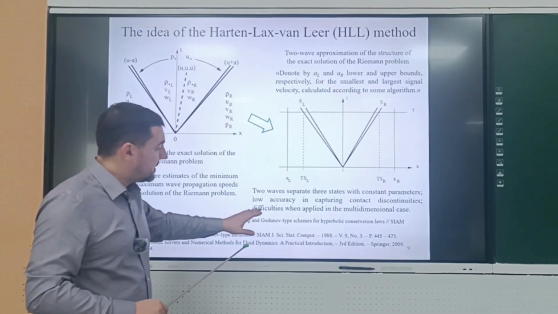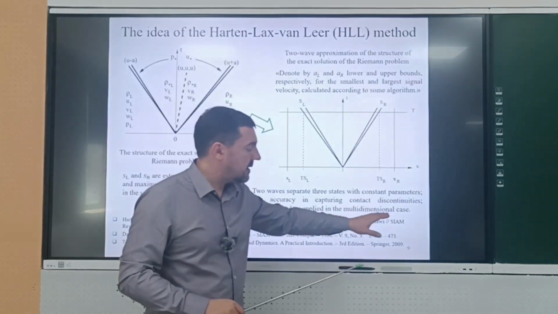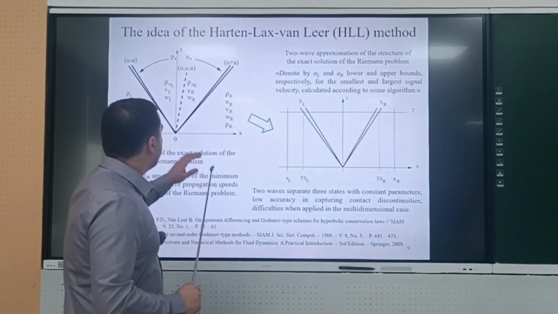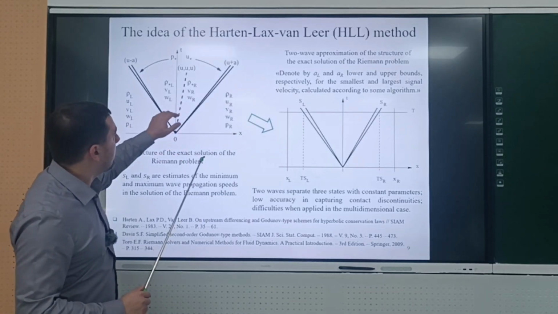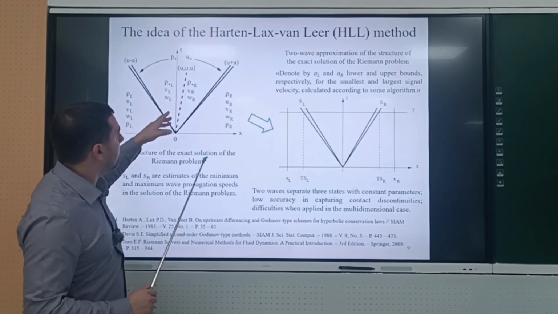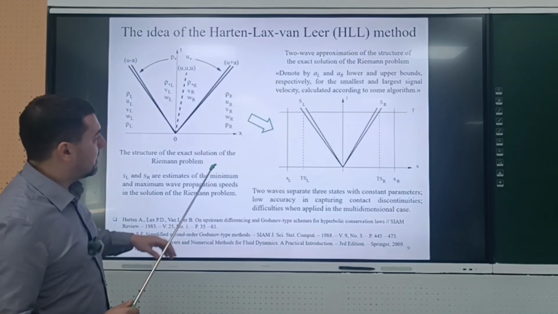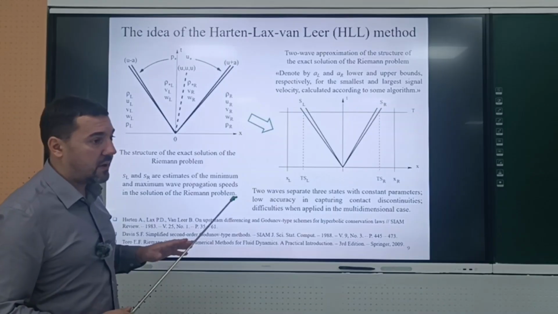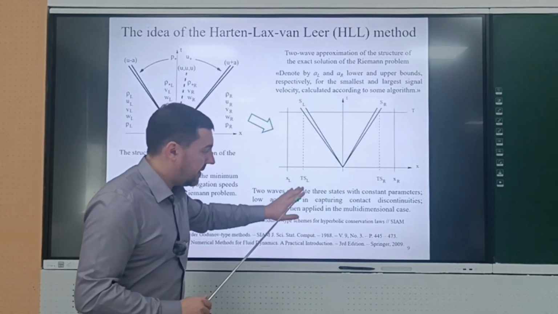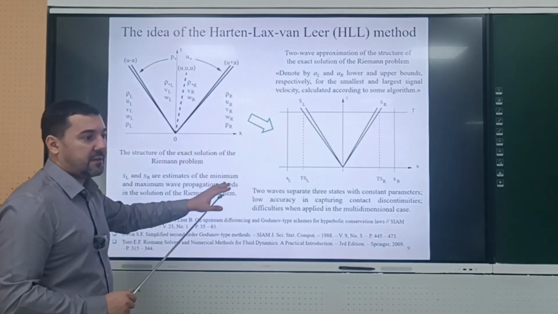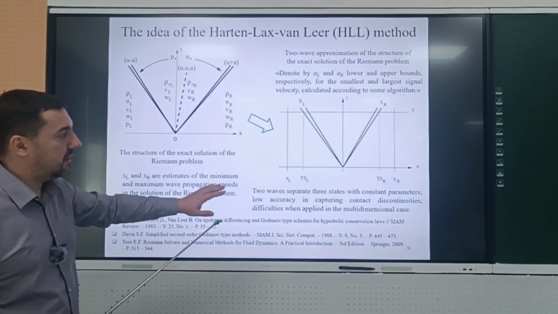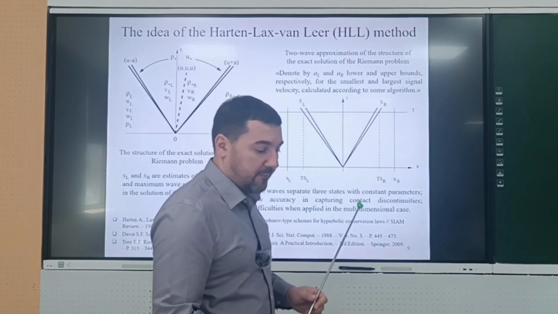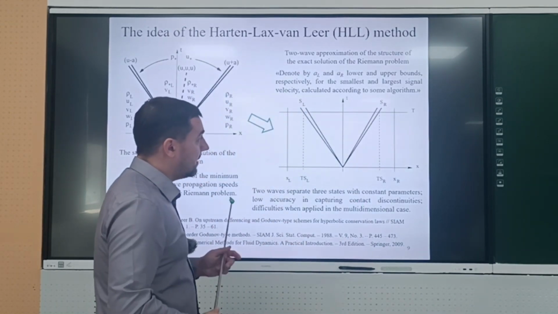Also you can meet some difficulties when applied to the multidimensional case, because, as I tried to explain to you, in 2D or 3D sometimes you need information about your contact surface because it helps us to choose the relevant tangential components of our velocities. So we can expect also some difficulties in using this approach in multidimensional cases. But anyway, this is the idea.